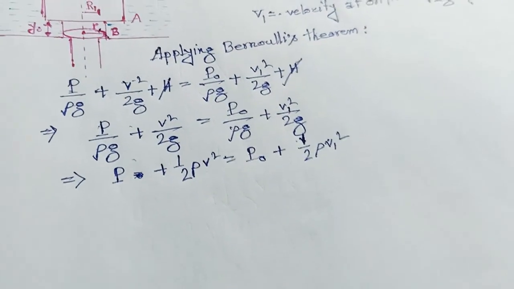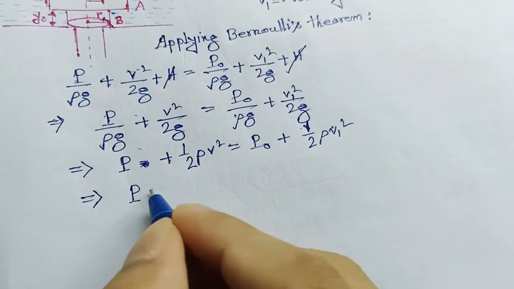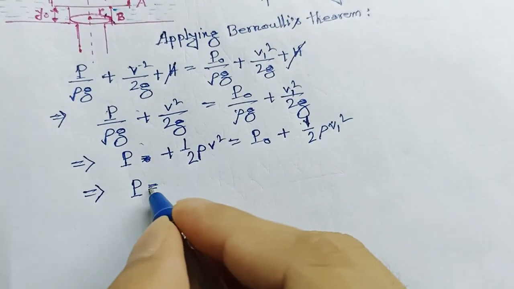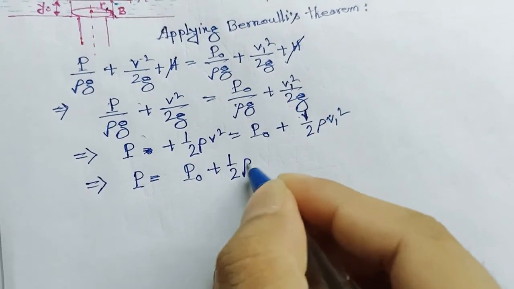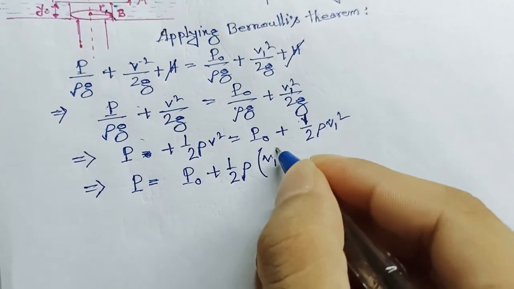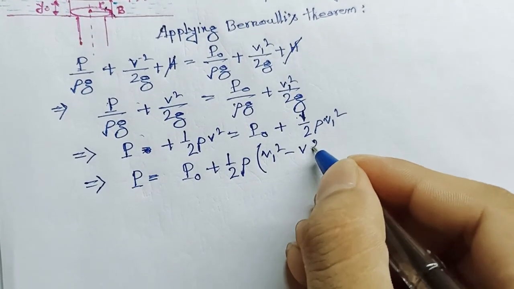So from this equation, if we want to find the value of P, it will be P equal to P naught plus half rho multiplied by v1 square minus v square.